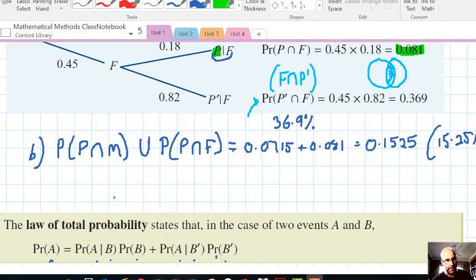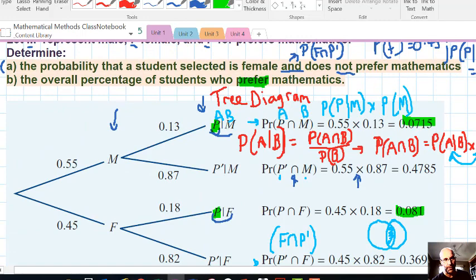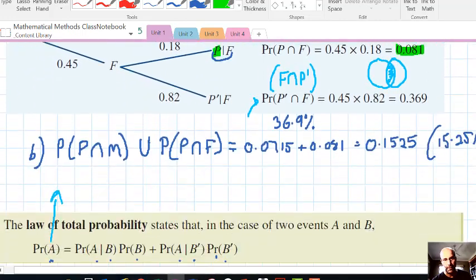Let's do some linking. So this event A up here, remember we're after the total percentage of students who preferred maths, the overall percentage of students who preferred maths. So that would be, if we were to write that using our symbols, that would be P of P.